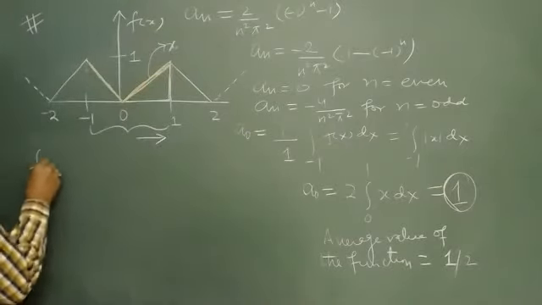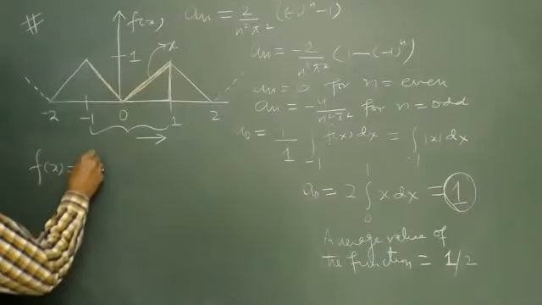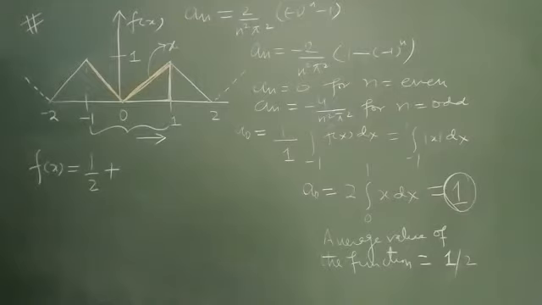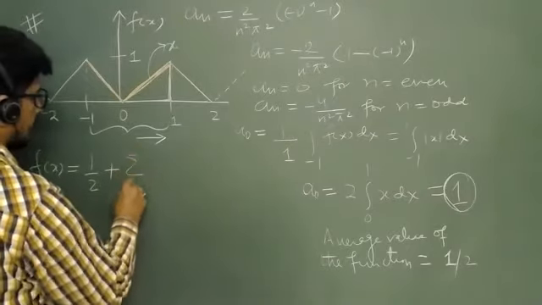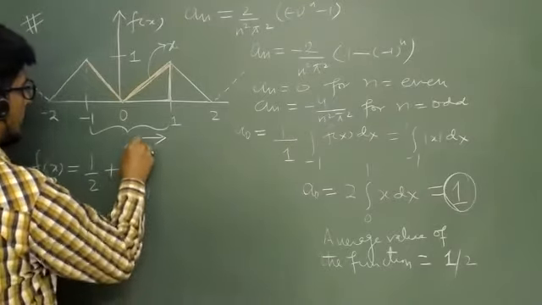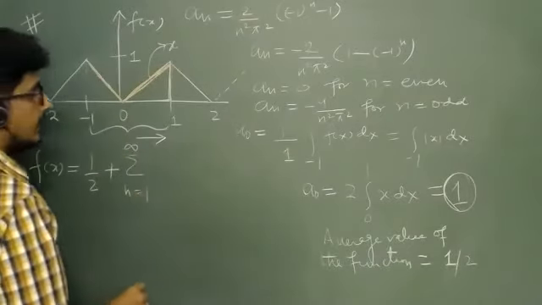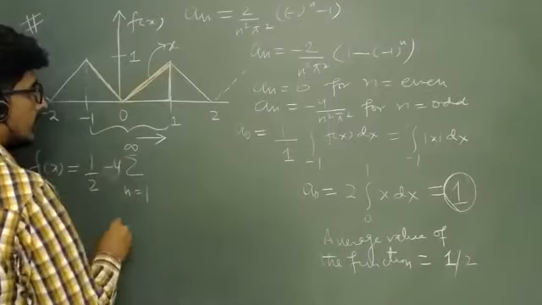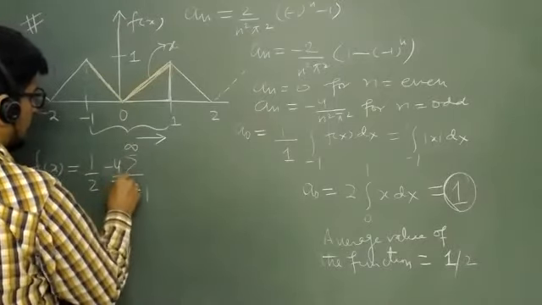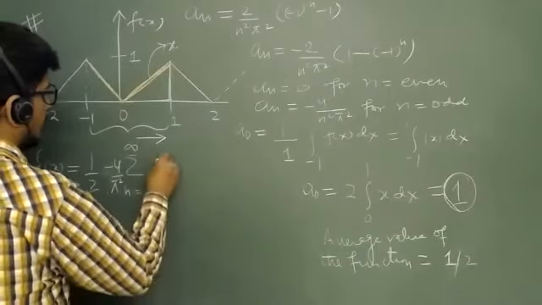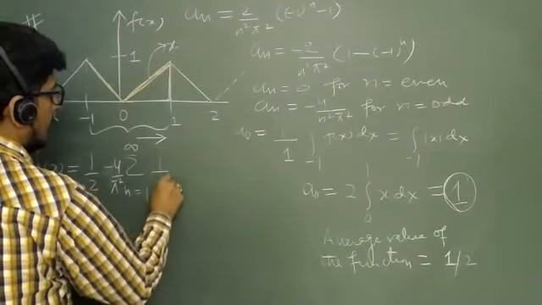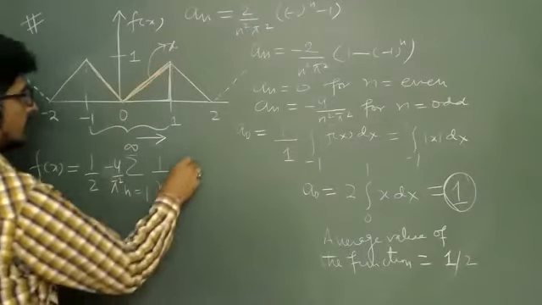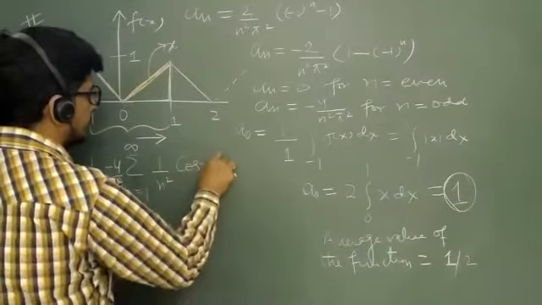So f(x) for this will become a naught by 2 plus summation n equal to 1 to infinity of an, which is actually minus 4 by pi squared and 1 by n squared, this is an, and cos of n pi x.